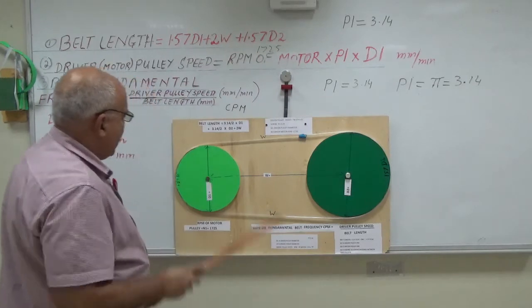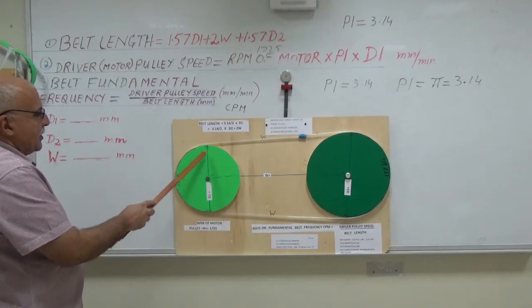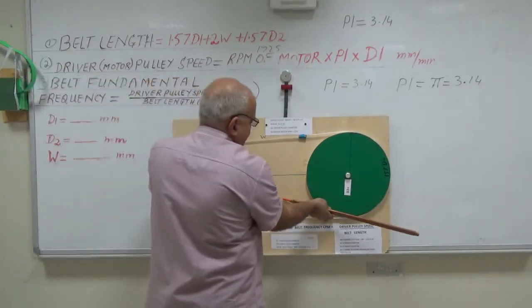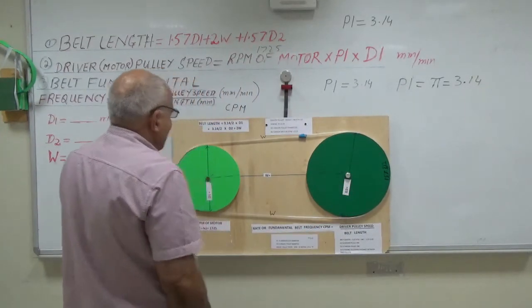This one is the diameter of the driver pulley, D1, and this is the diameter of the driven pulley.